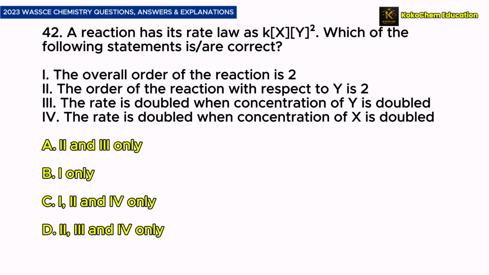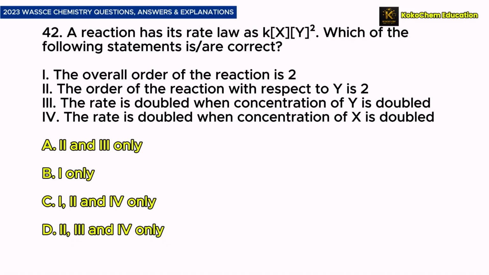Question 42. A reaction had its rate law to be k multiplied by the concentration of X multiplied by the concentration of Y squared. Which of the following statements is or are correct? I. The overall order of the reaction is 2.